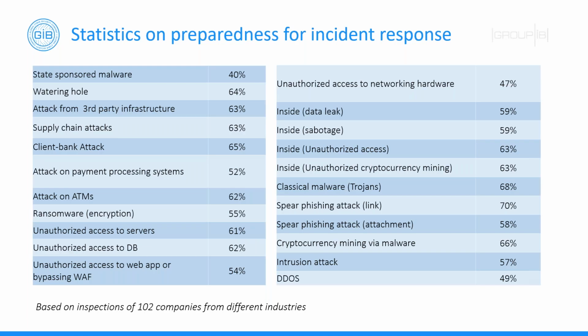So we have some statistics on preparedness for incident response. It's on your screen. When we prepare such reports, we analyze a lot of sources of necessary information which are needed to respond to different types of incidents. What do I mean?